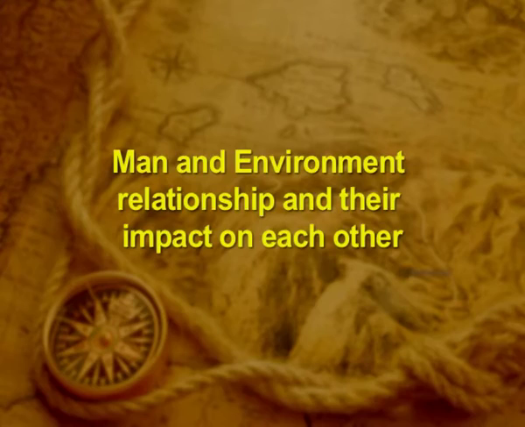The interdependency of these two components will help us to understand human geography. It is a core concern of geography to understand the man and environment relationship and their impact on each other.